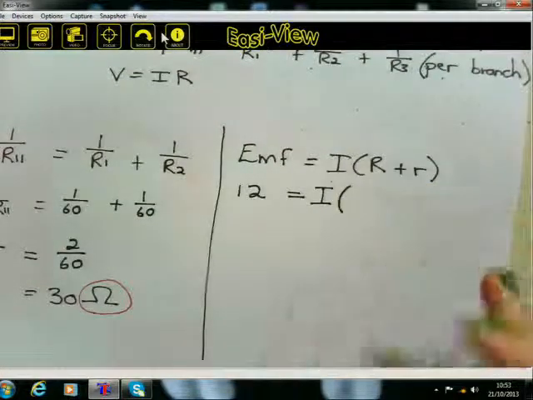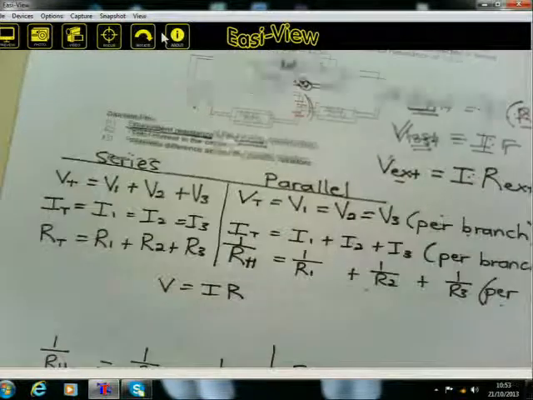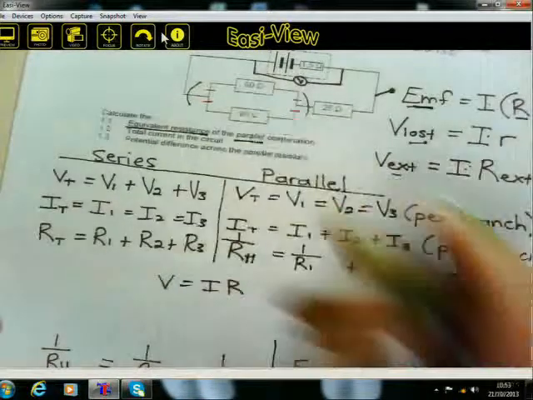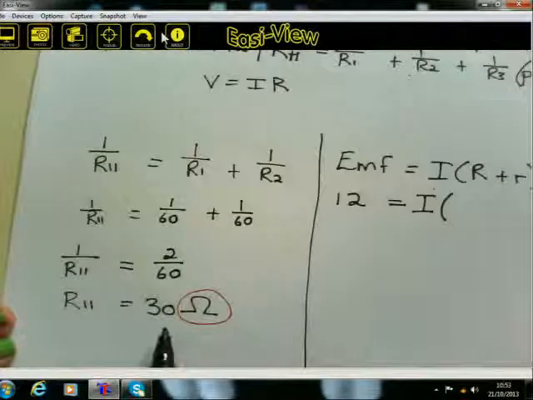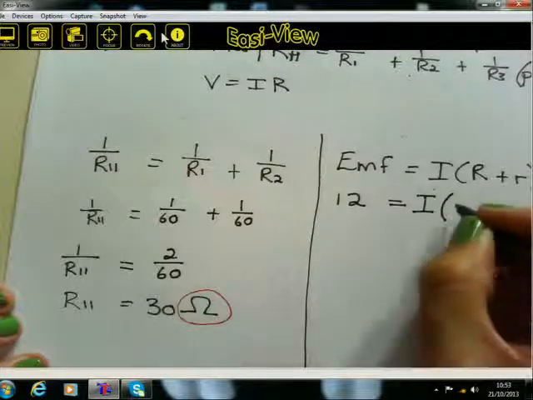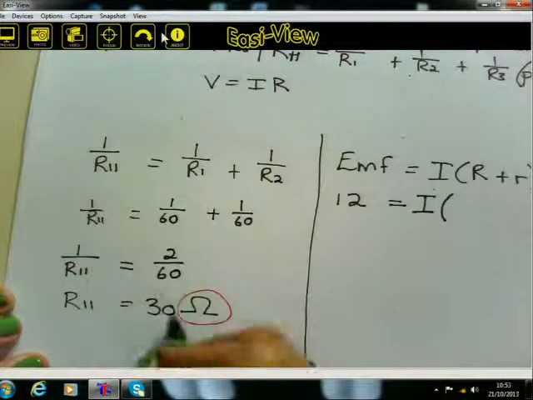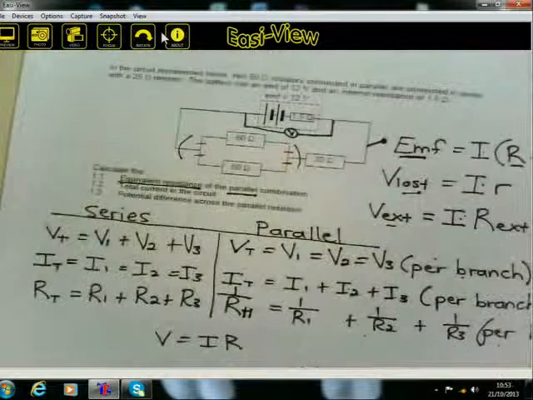External resistance. Do we have the external resistance? Let's see. We have the part that's parallel. We just calculated it down here. There we calculated external resistance. So we can put that one in. That's for the parallel part. But is that the total external resistance?